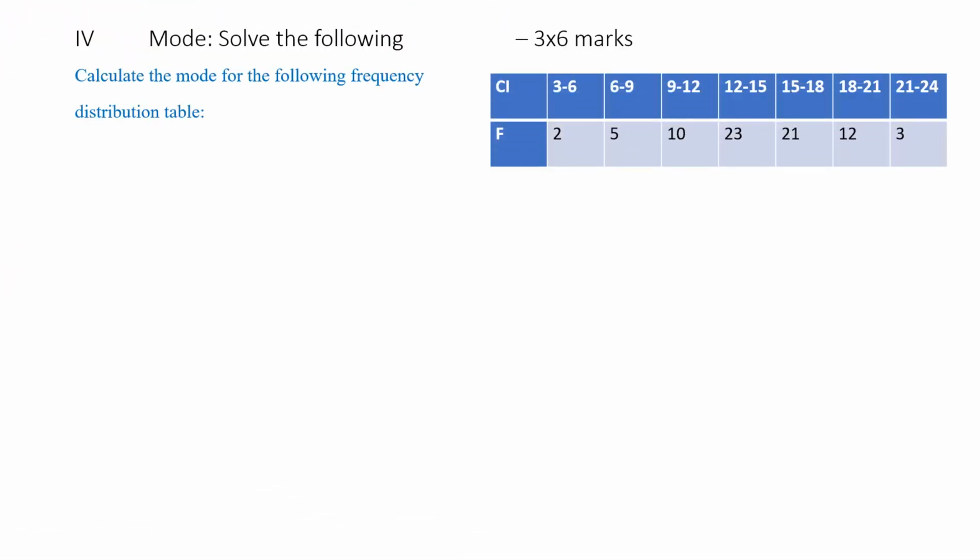Let us solve the choice question of the previous one. Let us do that also. Calculate the mode. Here we are required to calculate the mode of the following frequency distribution table.